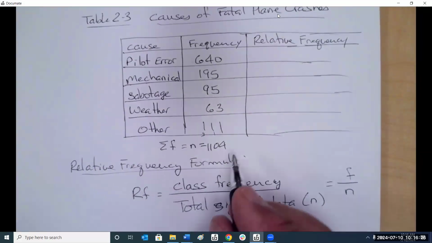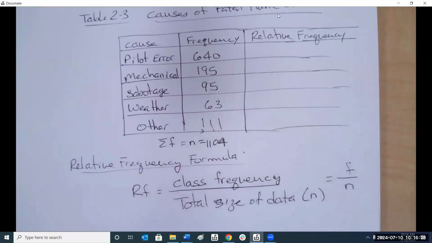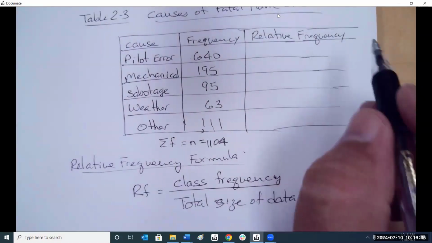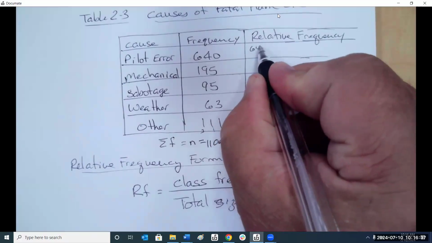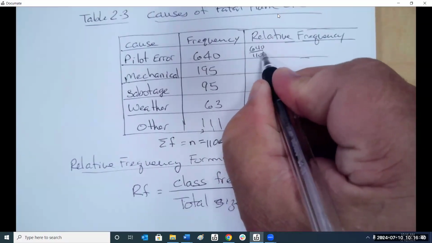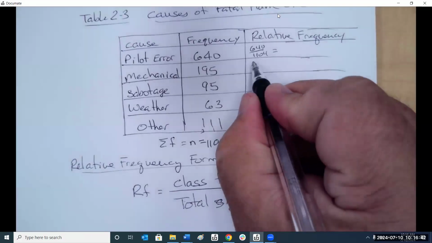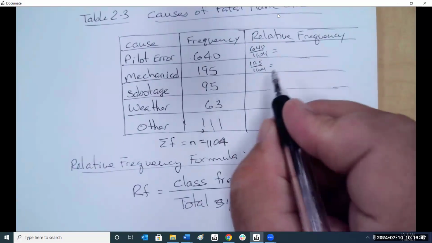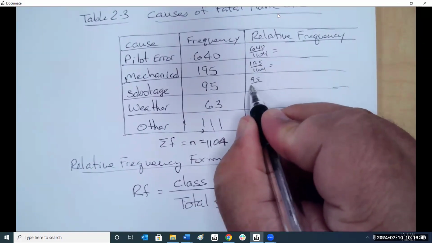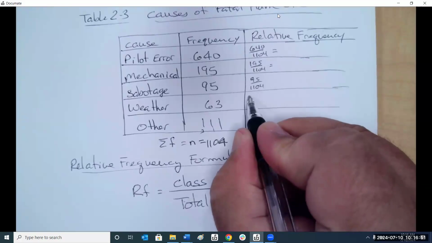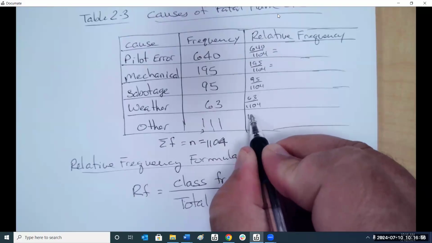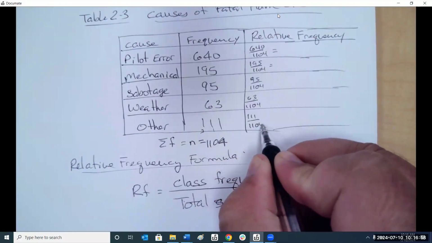Yes, 1104. So the relative frequency of the first one is 640 divided by 1104. The next one is 195 divided by 1104. 95 divided by 1104. 63 divided by 1104. And 111 divided by 1104.